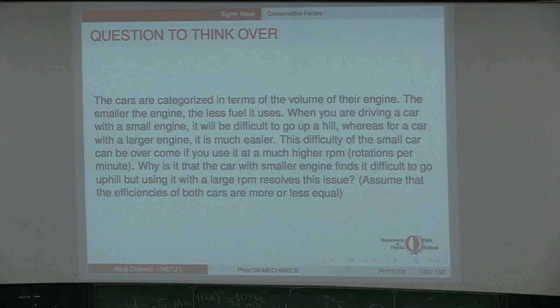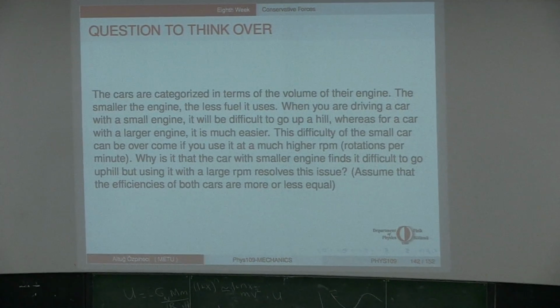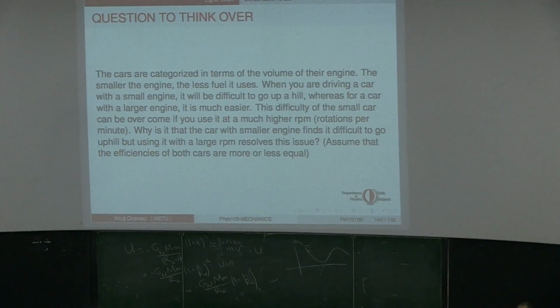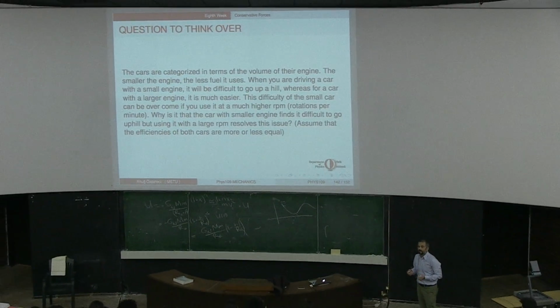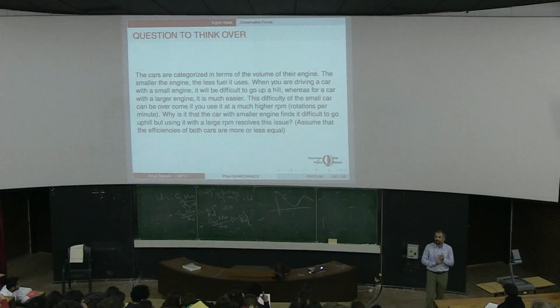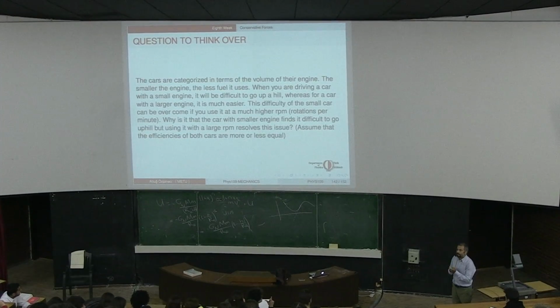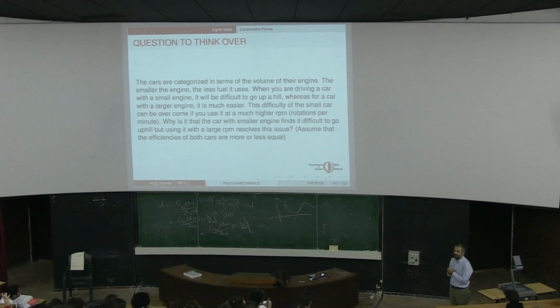So your friend is saying that we are increasing the rotations per minute, as we increase the rotations per minute, the power increases. So that is what your friend is claiming. But my question, first of all, why does the RPM affect the power? Why does increasing the RPM increase the power?